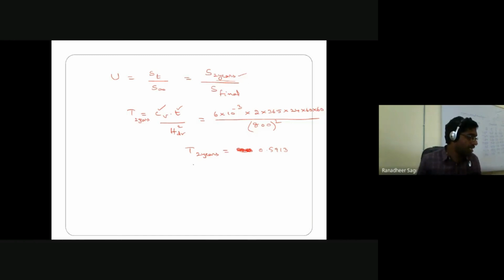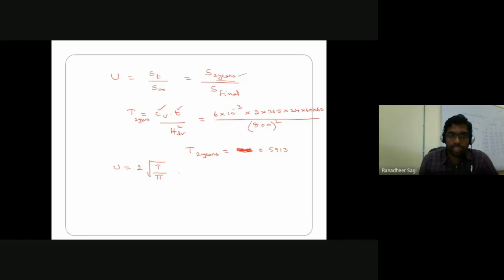I am required to calculate your degree of consolidation data. So what are those expressions that we had for finding out your so-called degree of consolidation? So we have two expressions here, that is U is equal to 2 into square root of T by pi, where pi means it is 3.14.